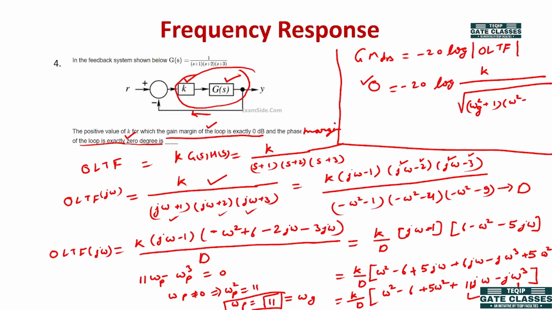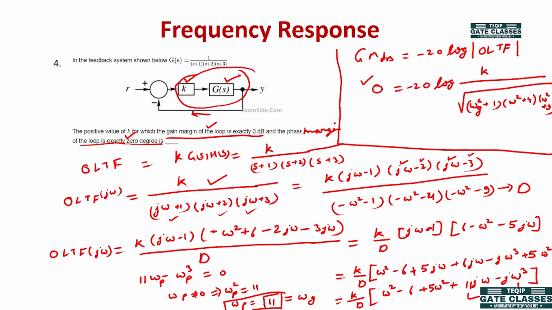Omega square plus 4, omega square plus 9. Okay, so if we put this, this would get cancelled, and log 1 is 0, so here we have 0 dB minus 20. Okay, so this would get cancelled.